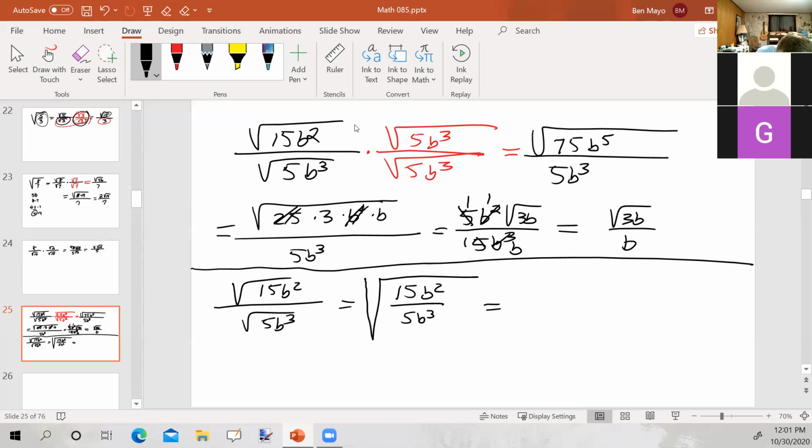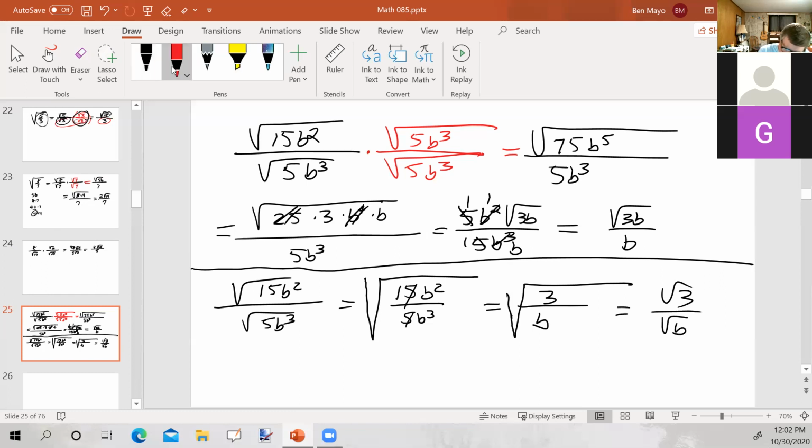And I'd get the square root of 3 over b, right? Because b squared over b cubed would be 1 over b. And that's equal to the square root of 3 over the square root of b.